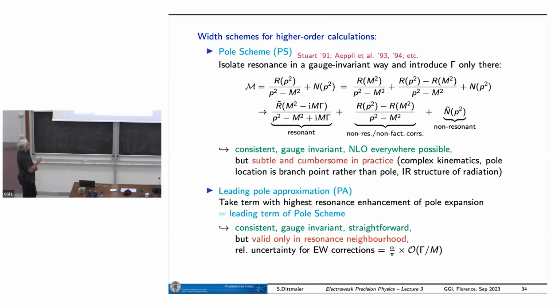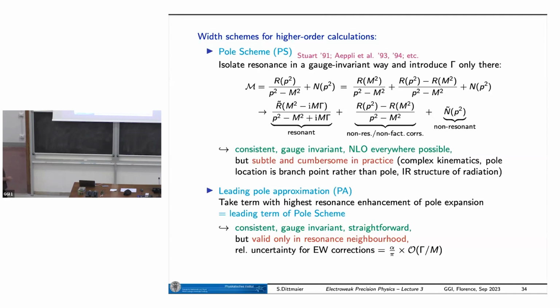But the difference between this modified version and the original version is also something that you can kind of hide in the redefinition of this off-shell but non-resonant part. So you can also turn this actually into an identity by tweaking here the n into some n twinkle or so. So the overall idea and expectation was that this should be consistent and gauge invariant, because I modify only this gauge invariant part here.